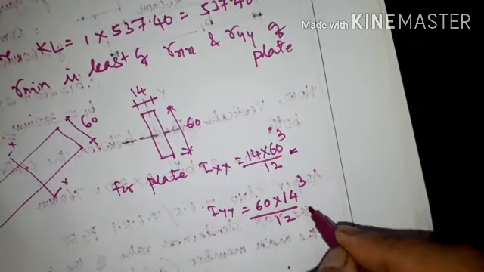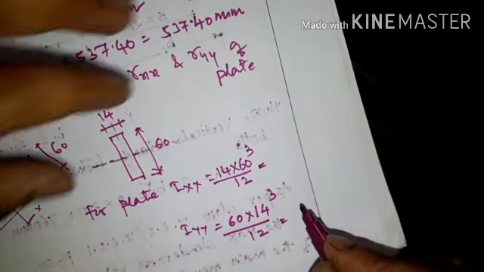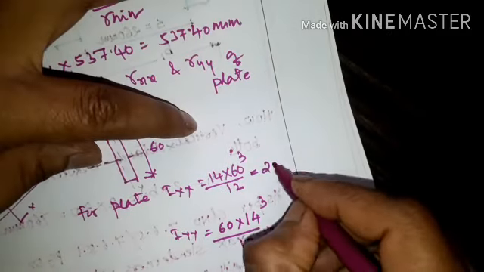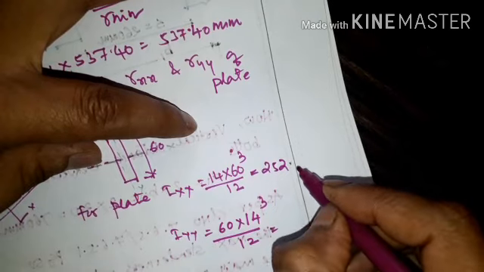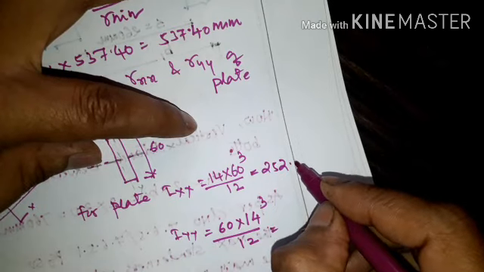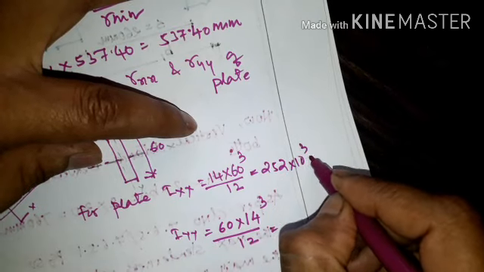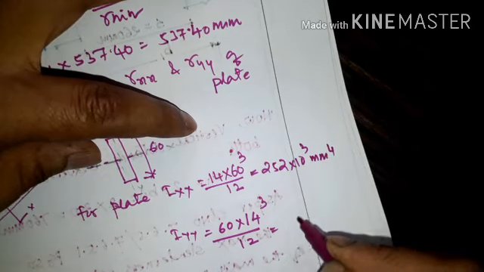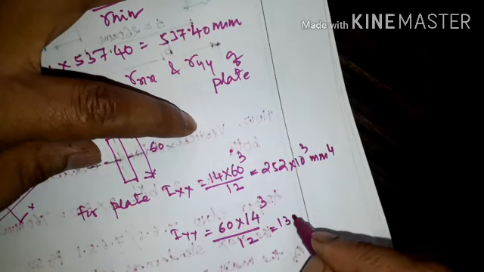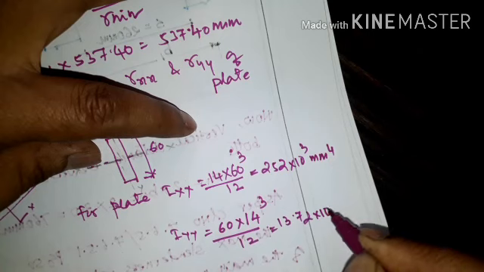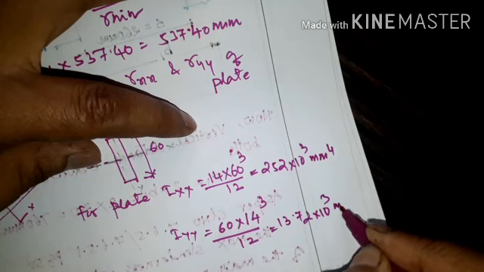So we'll get these values as 252 into 10 to 3 mm raised to 4, and this value as 13.72 into 10 to 3 mm raised to 4.